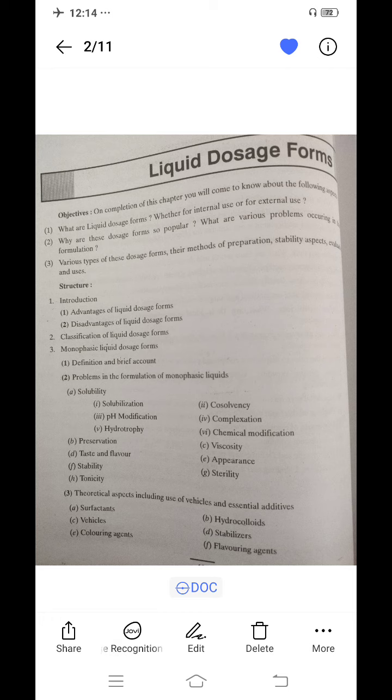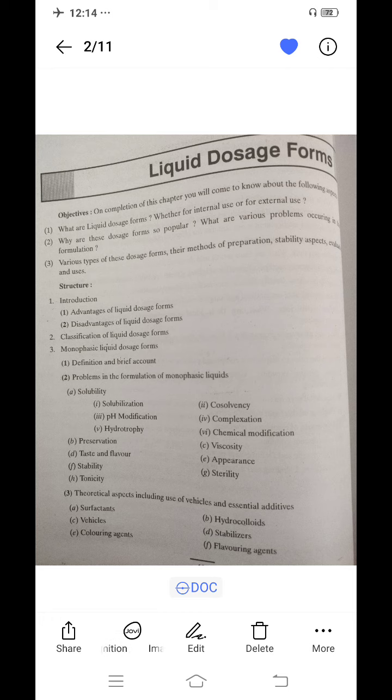The next is neutral. Among the neutral, chlorbutanol should be used at 0.5%. Then benzyl alcohol should be used in the concentration of 1%. Then beta phenyl ethyl alcohol should be used between 0.2 to 1%.